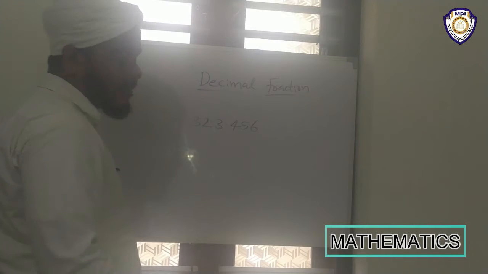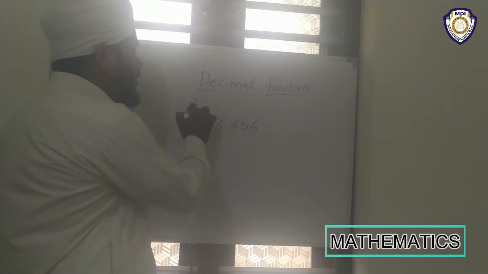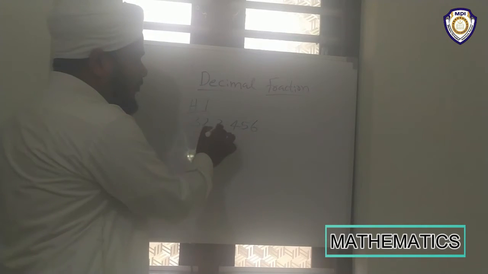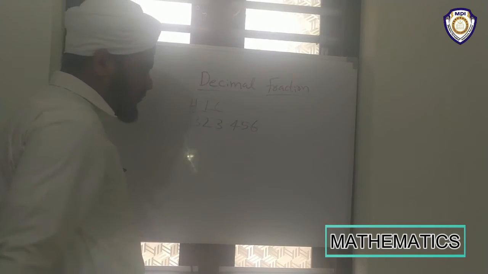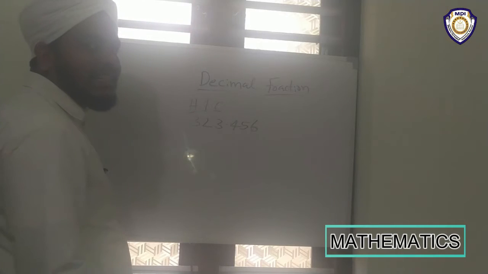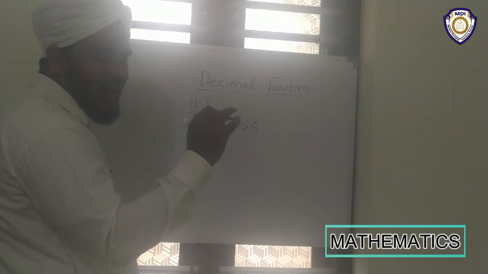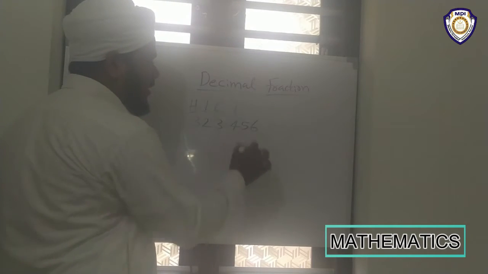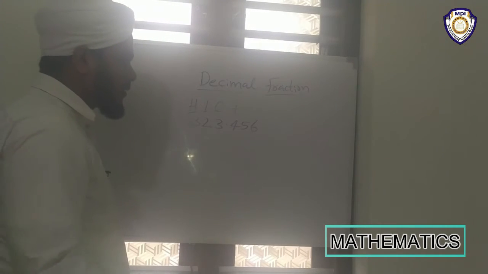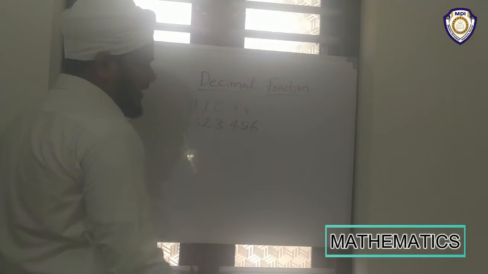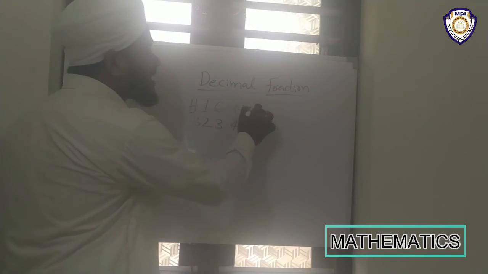Here 3 at the place of 100, 2 at the place of 10, 3 at the place of 1. This 4 at the place of tenths, 1/10. This 5 hundredths, this 6 thousandths.